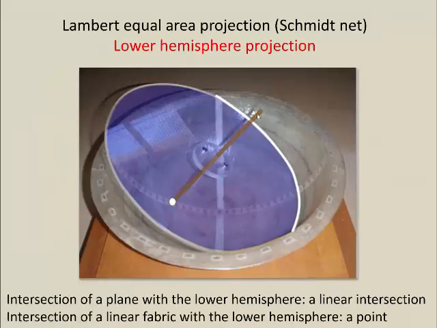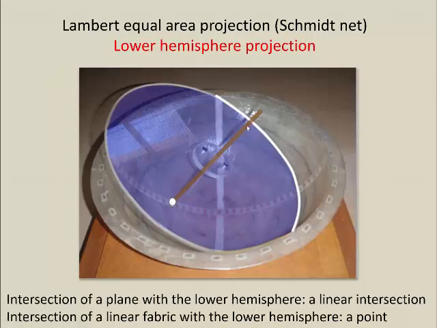Then we see here the rod of the pole to the plane. This is the direction of the pole to the plane. This is not a three-dimensional plane. This is a one-dimensional line, and this line intersects in a zero-dimensional point with the lower hemisphere, down here at the bottom of the lower hemisphere.